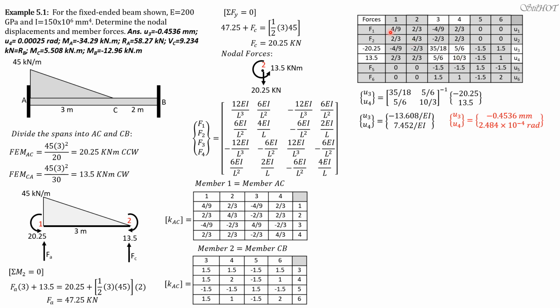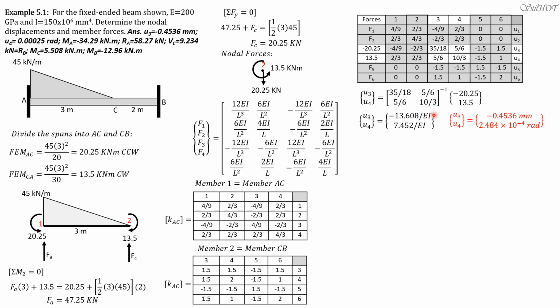You may not fill in these other force coefficients, or these cells here. They are not important in our solution. Okay, so these are now the displacements at C. I hope you know already the technique.